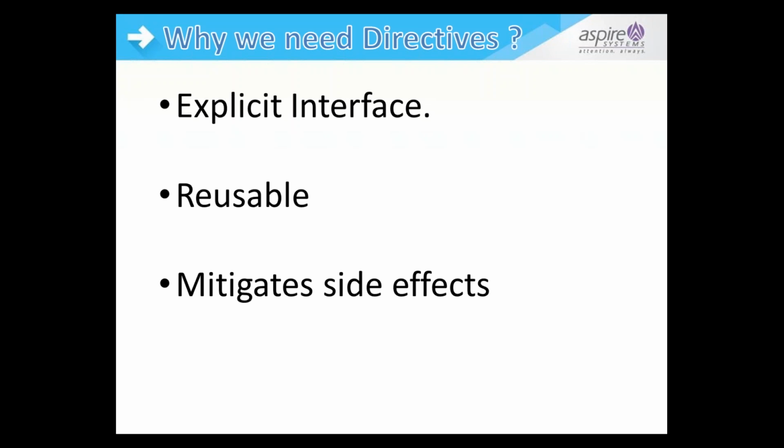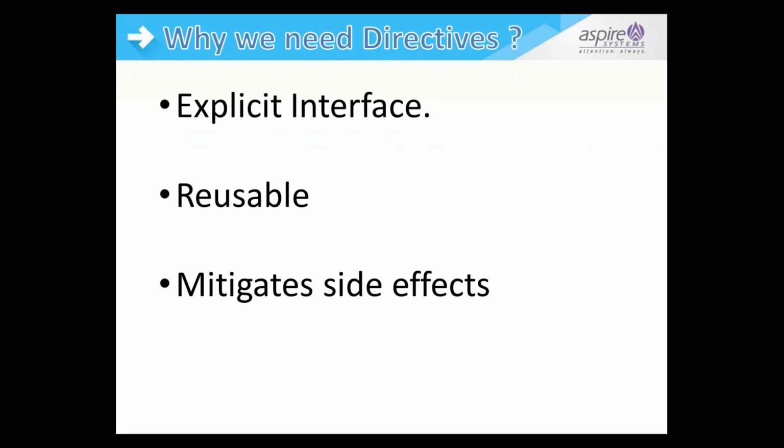Second thing is most important, reusable. If you have some reusable functionality, you can keep it in that. Then it avoids, mitigates side effects. It means if you are writing a directive, it will not have its effects on other DOM elements on that page. If it is affecting, it's not a good directive. Okay. So for example, we saw so many built-in directives, so let us take ng-repeat.